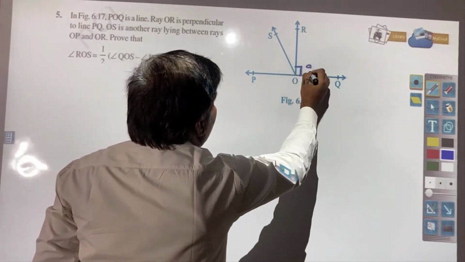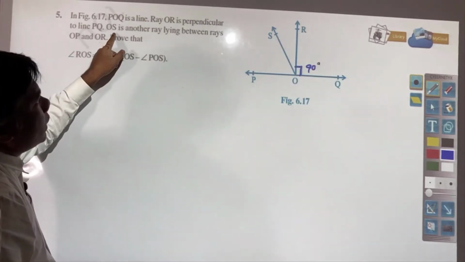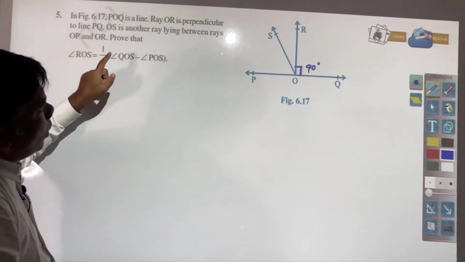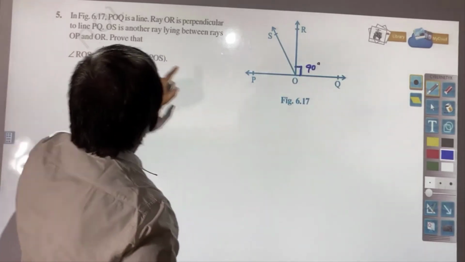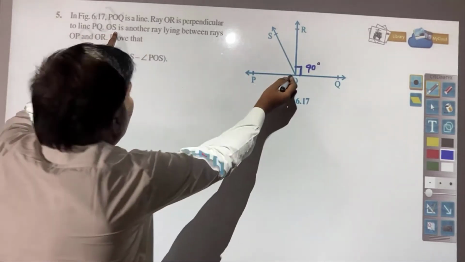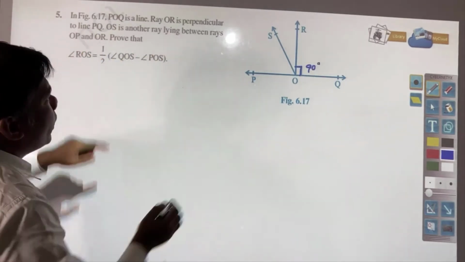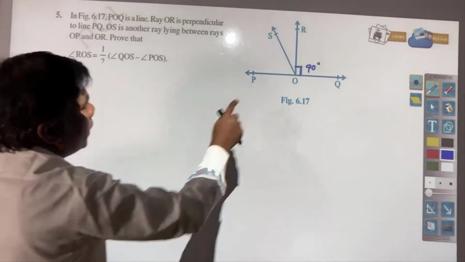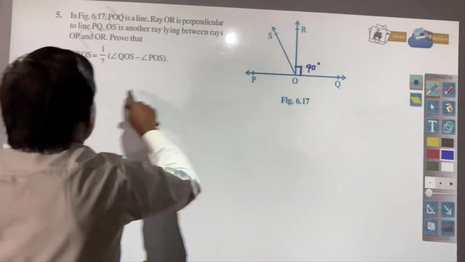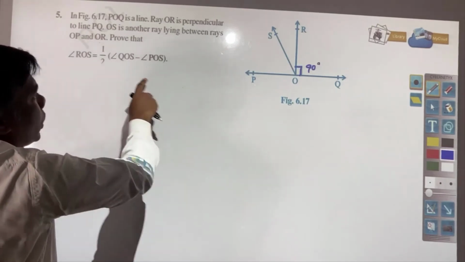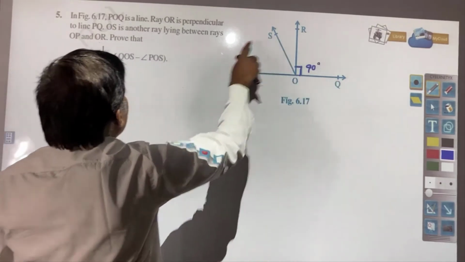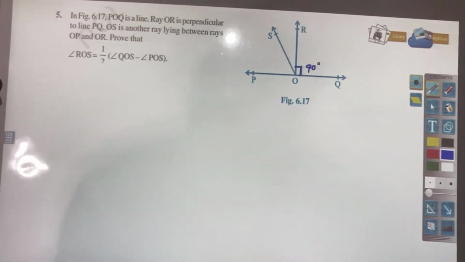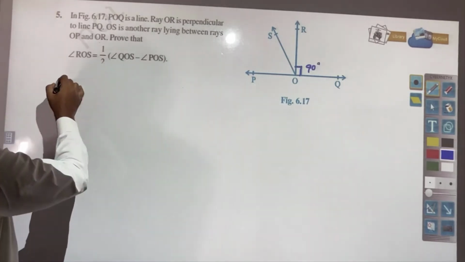It means this is 90 degrees. OS is another ray lying between rays OP and OR. You need to prove that angle ROS is equal to half of angle QOS minus POS. POS we need to prove. So here you see how we will proceed.